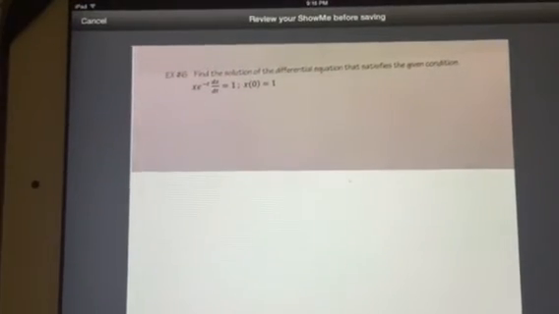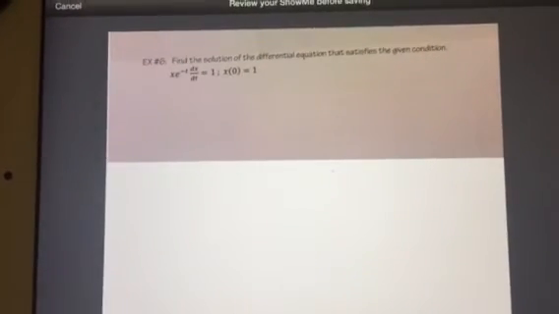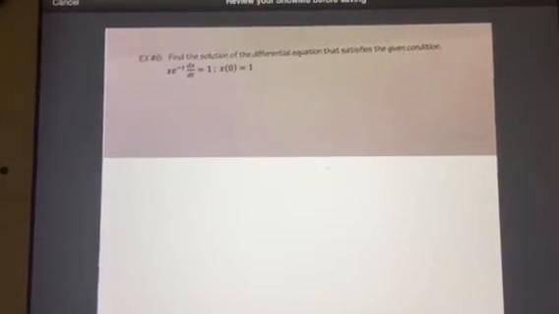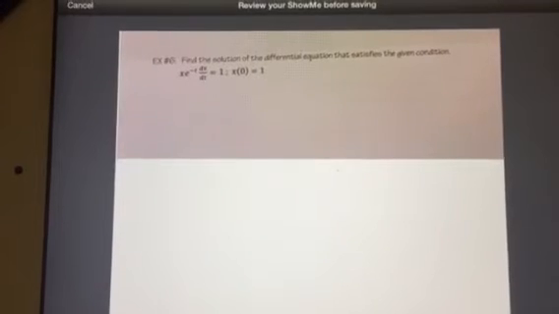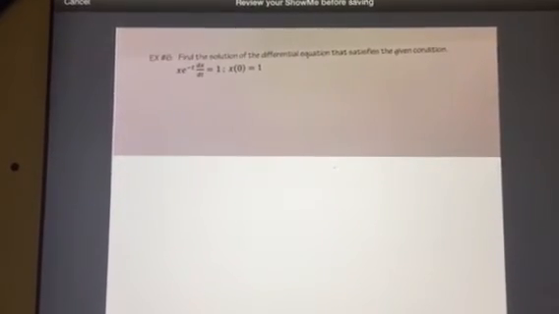For the next three examples, we're going to find a particular solution to a differential equation. So first we're going to send the e to the negative t dt to the other side.